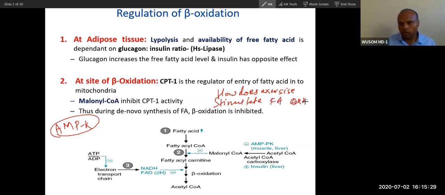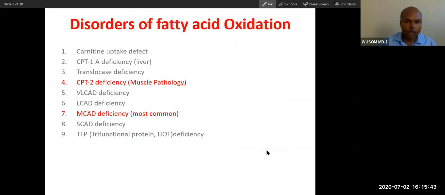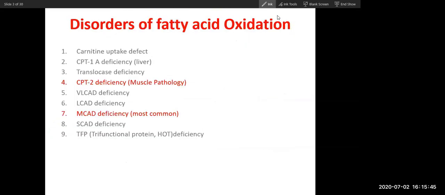It is through AMP kinase. Did you understand this whole process of regulation of beta oxidation? Did you understand? Tell me.